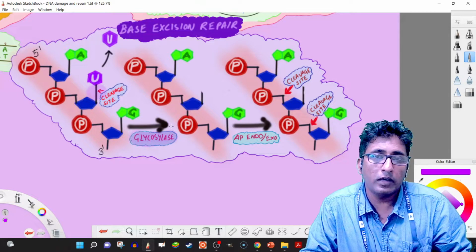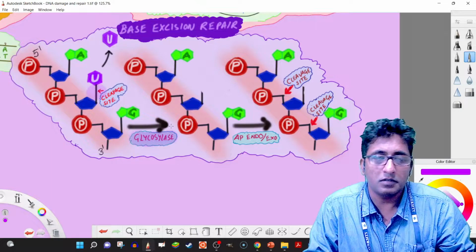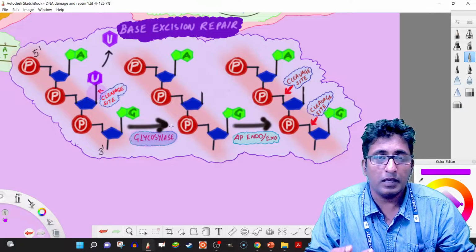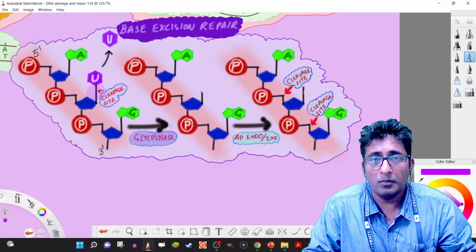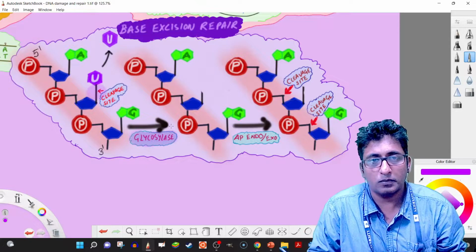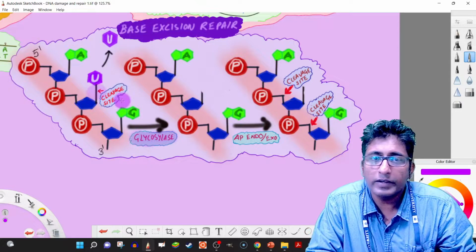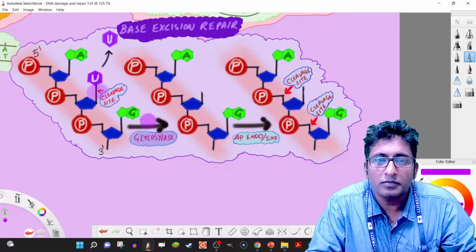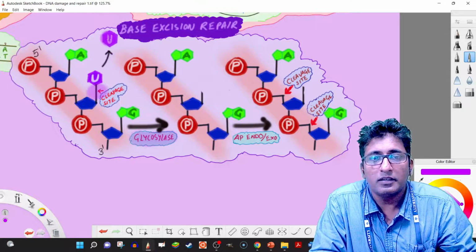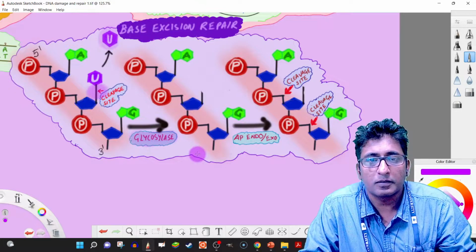We also have other types of glycosylases. It is dependent on the kind of abnormal nitrogenous bases that they can detect and remove. So it works very simple. It first breaks off the glycosidic bond, thereby releasing the uracil.